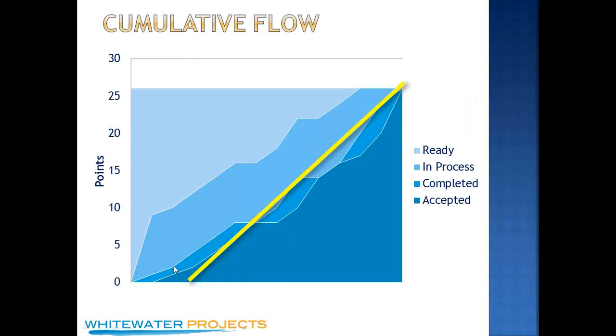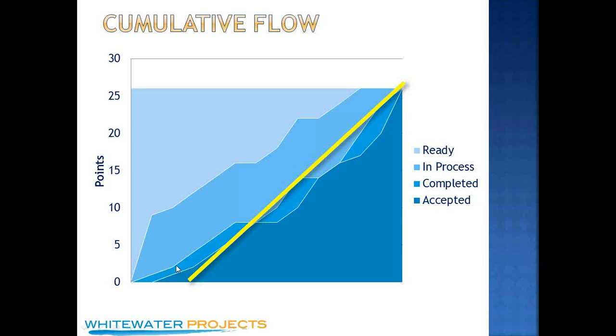And here it looks like they finished about 3 points worth of work out here, because you can see this medium blue completed. And that was a line that we saw the first time. See how that line matches? It's the same line. So you see the completed work. But then down here, this darkest, you see accepted.